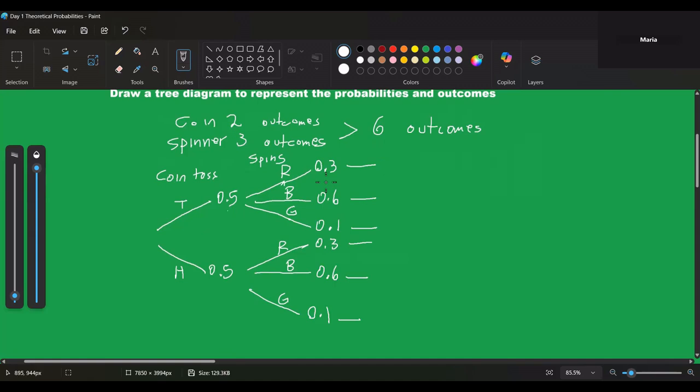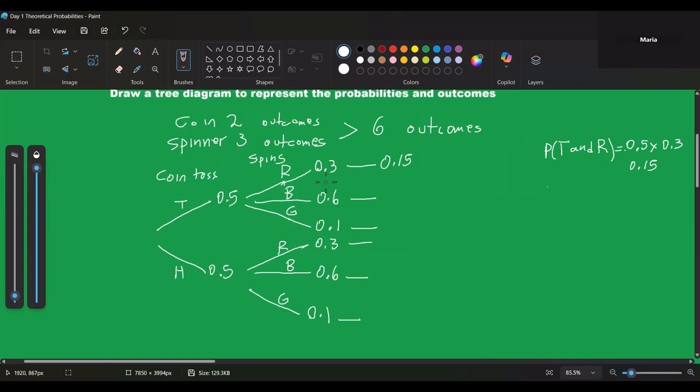So the probability of a tail and a red will be the probability of the tail itself, which is 0.5, times 0.3. This is like 3 times 5, 15. It should give us 0.15. If you have a calculator, you might want to confirm that. It is, Mister. Thank you.